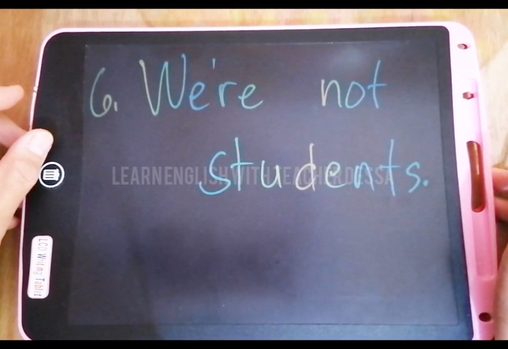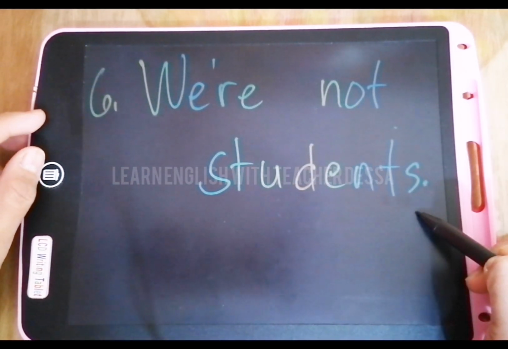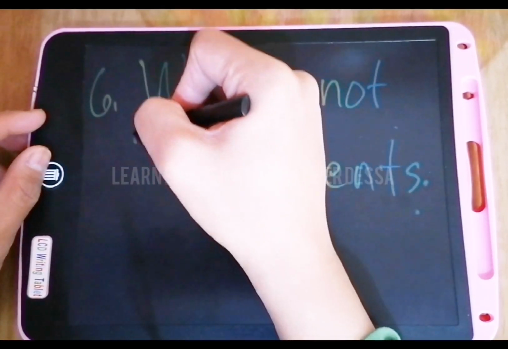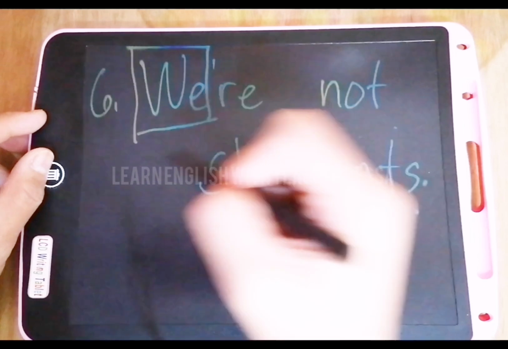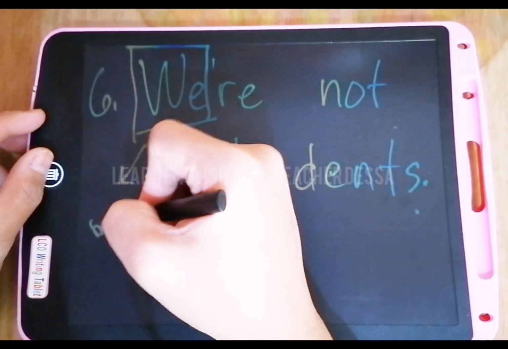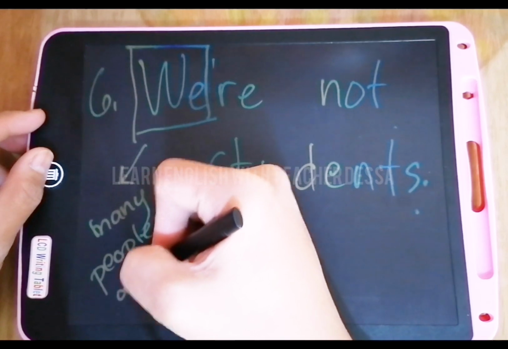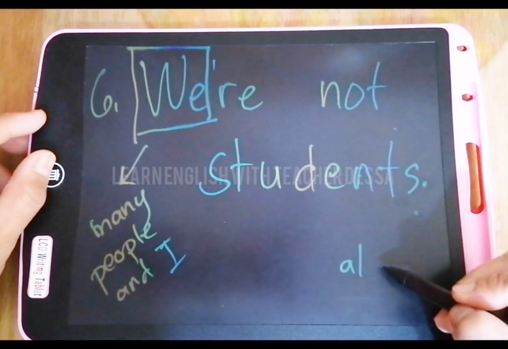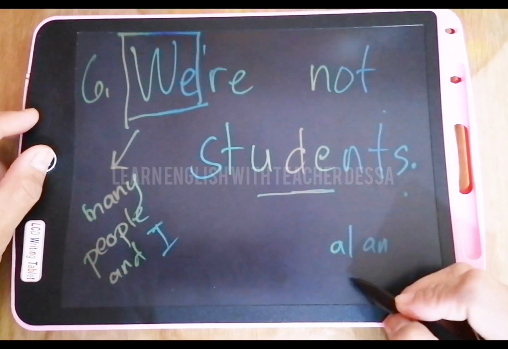In this example, we're not students. As you notice, we didn't put a here. Why? Because the subjective pronoun we is plural, or it means many people. Many people and I. We use a or an if the noun is singular.